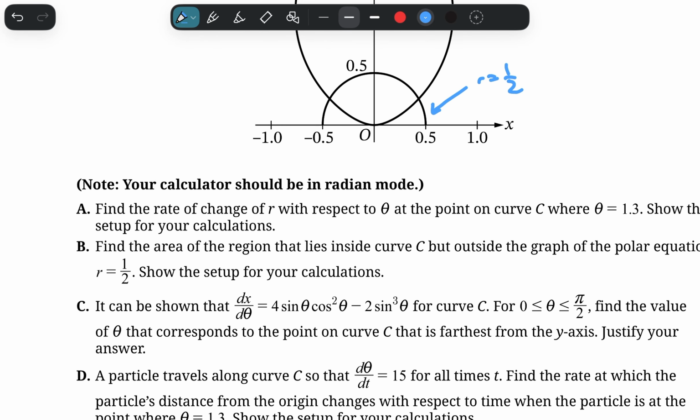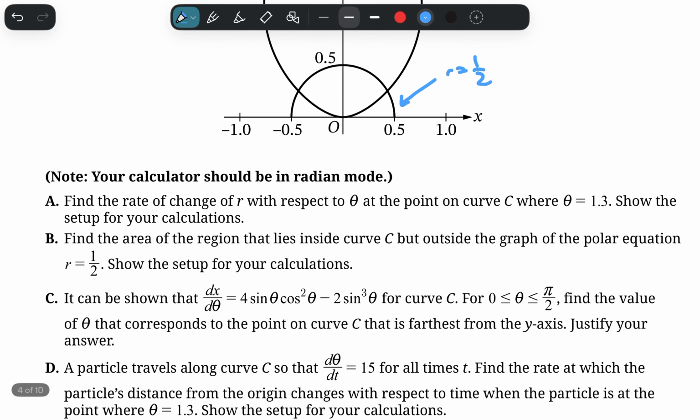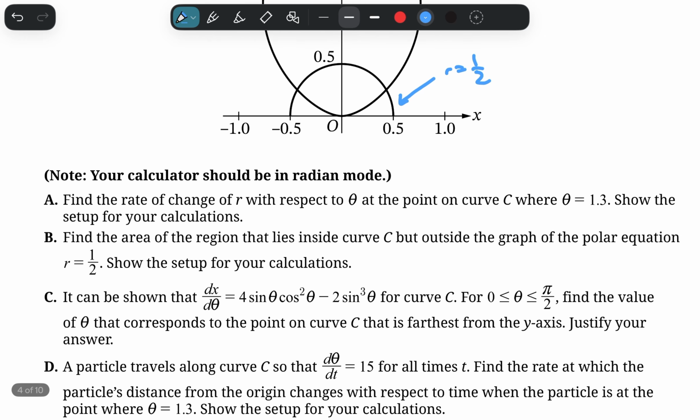Starting with part A, the question says, find the rate of change of r with respect to theta when theta equals 1.3. So what's the formula for finding the rate first of all? We're given that r is equal to 2 sine theta squared, and then we have to differentiate it with respect to theta.